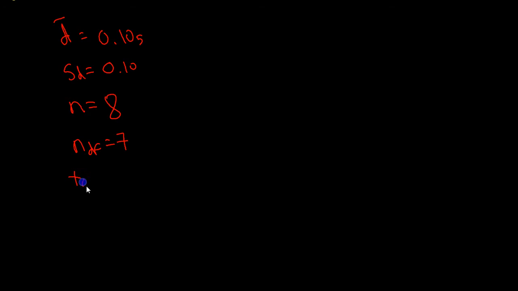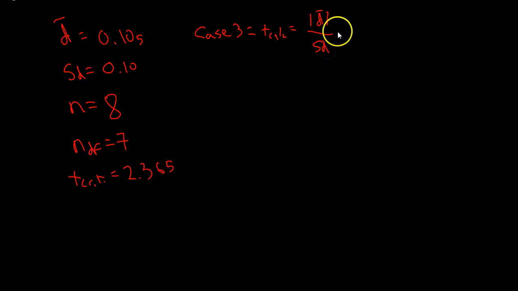So our t-crit equals 2.365. Alright, and again, we're using this equation, which is case 3. And that is our t-calc equals the absolute value of the average differences divided by standard deviation of differences, times the square root of the number of samples, paired samples.